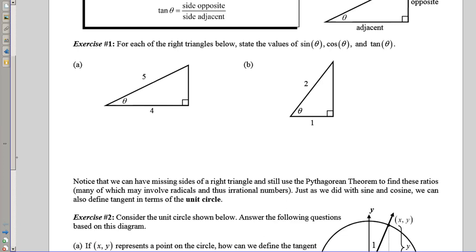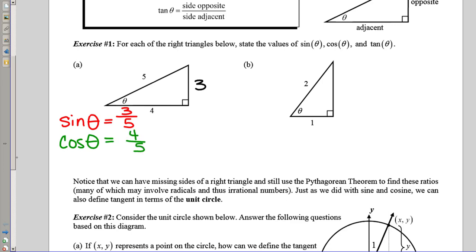So let's take a look at exercise 1, and we have 2 right triangles. We're going to do A, which has the missing leg being 3, because we know this is a 3, 4, 5 Pythagorean triple. So sine would be the opposite over the hypotenuse, and then cosine would be the adjacent, which is the 4, over the hypotenuse 5.